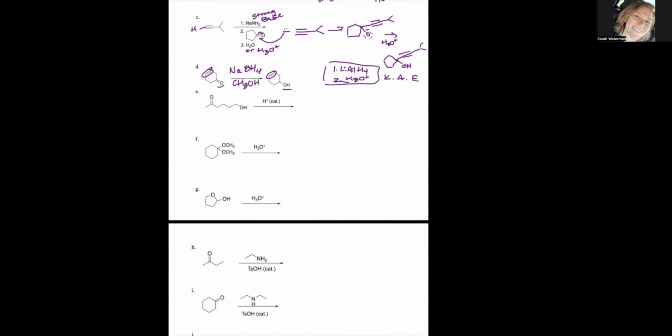So in this next reaction in E, we're basically making a ring, right? And something that you guys are seeing a lot in this chapter are either these hydrolysis reactions or making of an acetal or a hemiacetal.